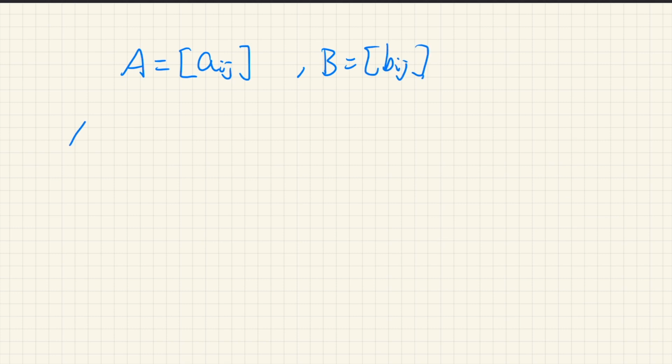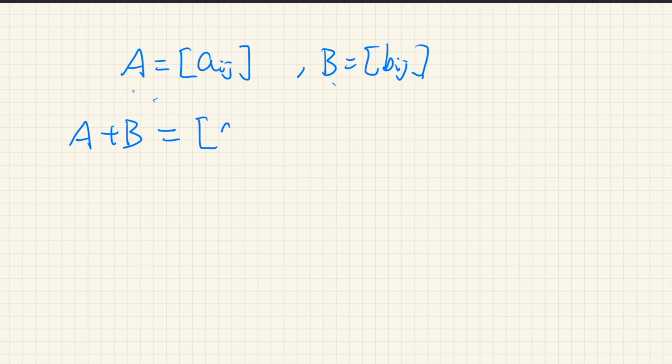Now let's define the addition between two matrices. Suppose we have two matrices A made of a_ij and B made of b_ij. Then the addition between them is this. We are assuming they have the same size, so they are both m by n matrices.